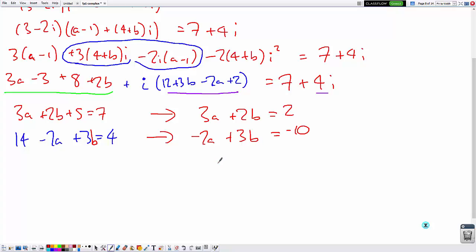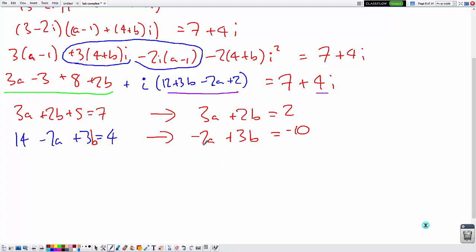Alright, so I'm going to skip ahead a little bit. I'm not going to do the whole simultaneous equations. It's something you should be comfortable with. You should have done this plenty of times. If you look at your notes in Integral, they actually do the working out. So I'm just checking my numbers. 3a plus 2b equals 2, minus 2a plus 3b equals minus 10.